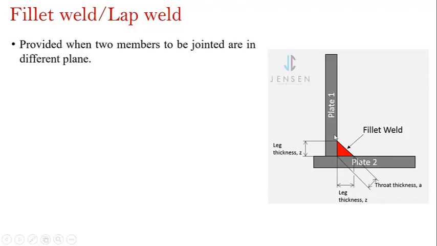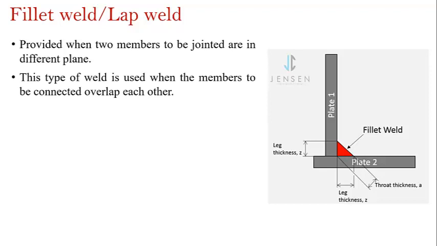So fillet weld or lap weld is provided when you have two members in a different plane. Let's not talk about the leg thickness and throat thickness yet; I will discuss that in the next slides. For the time being, fillet weld is provided when you have two different members to be jointed in a different plane.